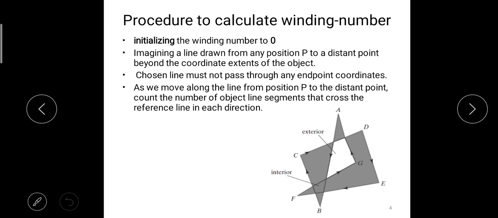If you look at this, this is the procedure to calculate the winding number. To do this, I need to show the direction for each edge.